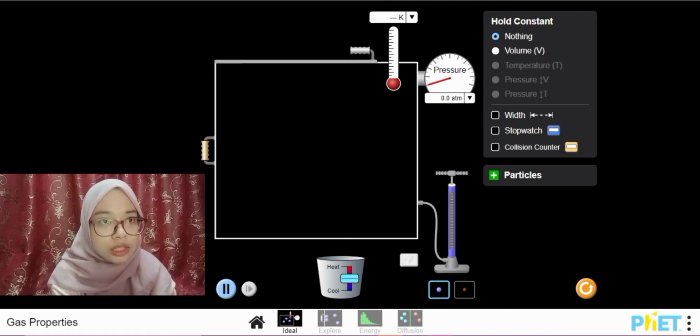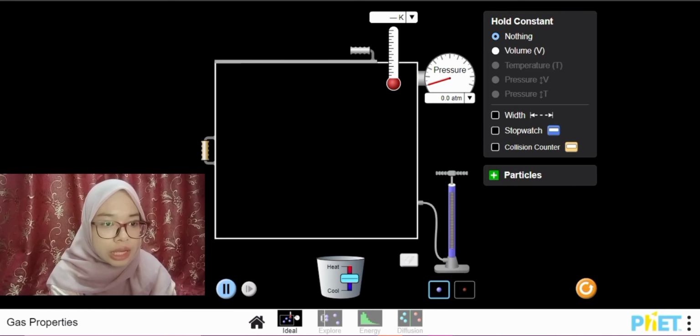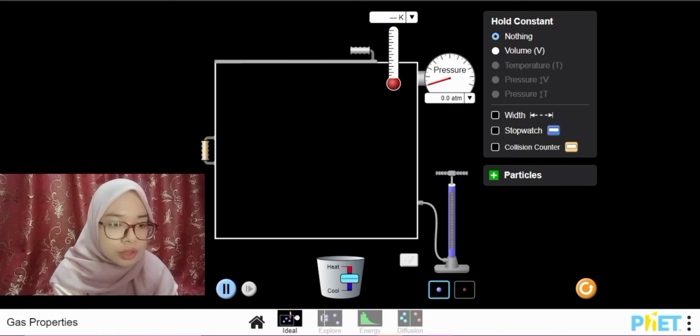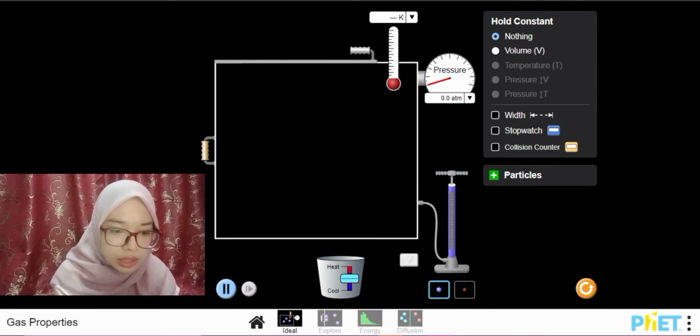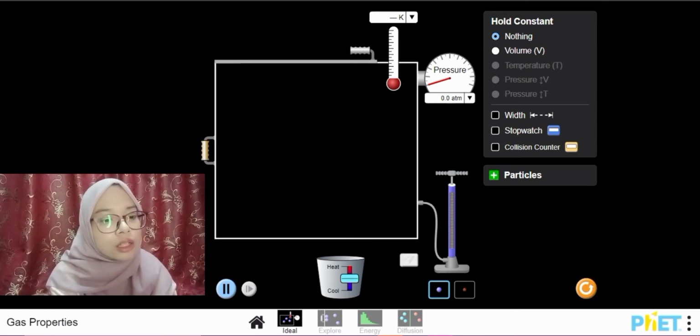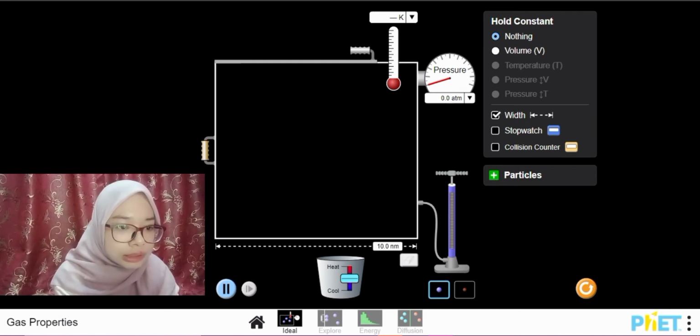Next, this is the thermometer to measure the temperature in the container, and this is to observe the pressure in the container. Under the container, there is a function that can be used for heating or cooling the container during the experiment. There is also a button to measure the weight of the container, like this.